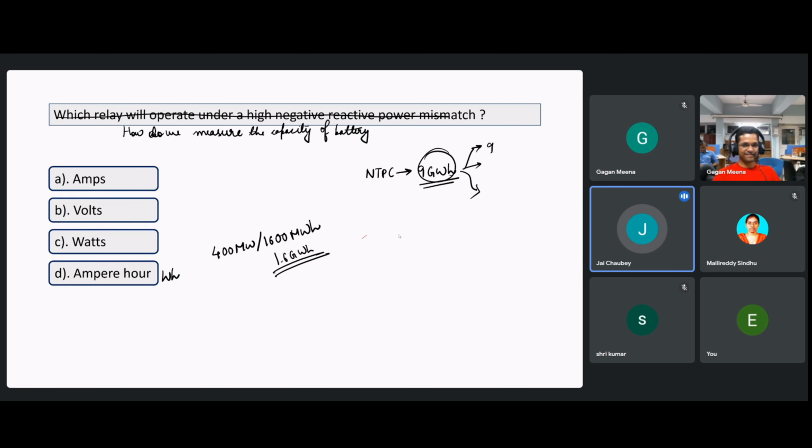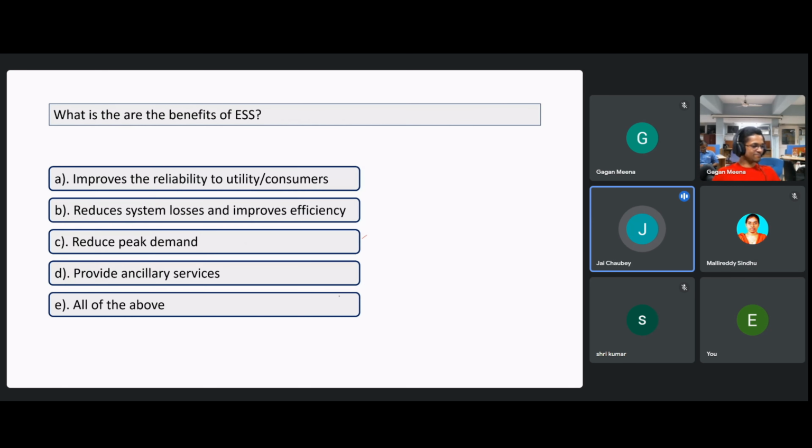Mostly generation is in the western part, Gujarat, Rajasthan. It depends upon voltage level also, means voltage in application.